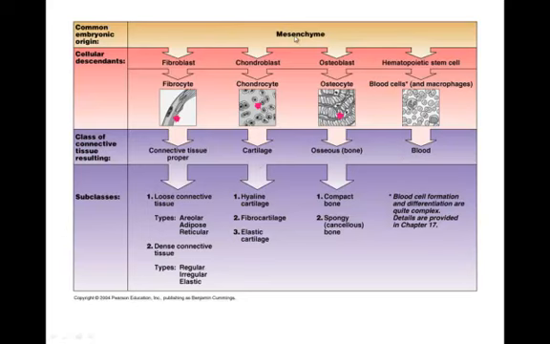So the mesenchymal cells, these little baby cells, differentiated. That means they turned into fibroblast, they turned into chondroblast, they turned into osteoblast, and they turned into these cells called hematopoietic stem cells. These cells made these tissues, these cells made these tissues, and so forth.